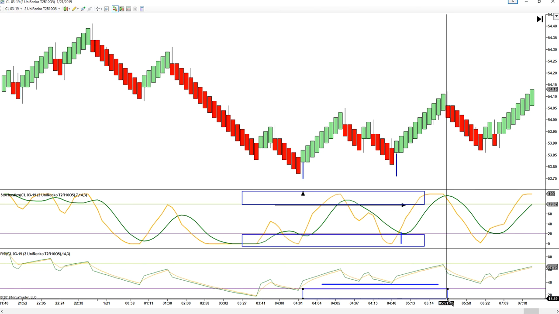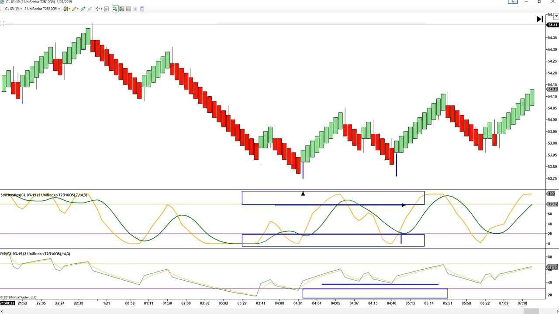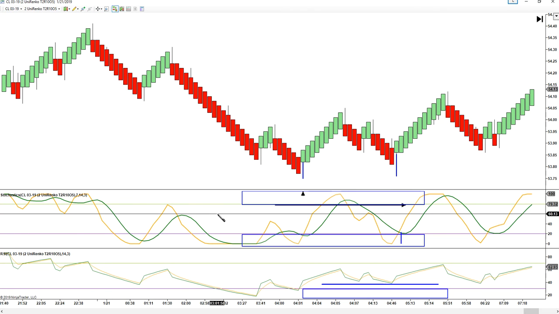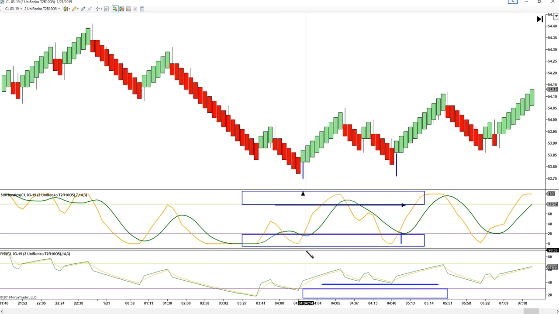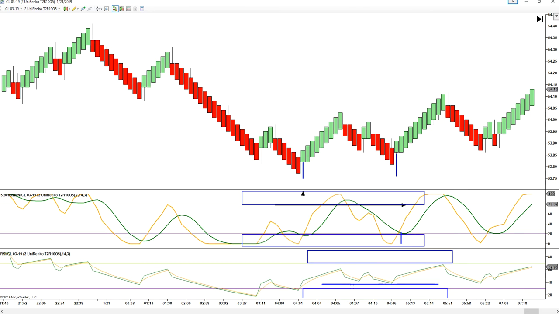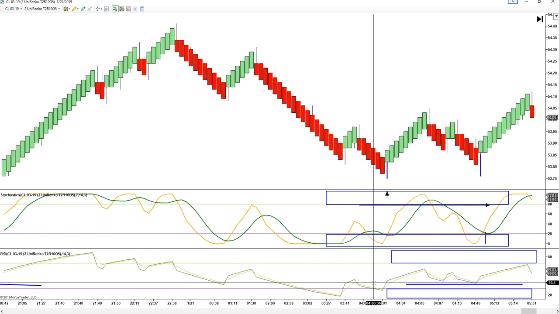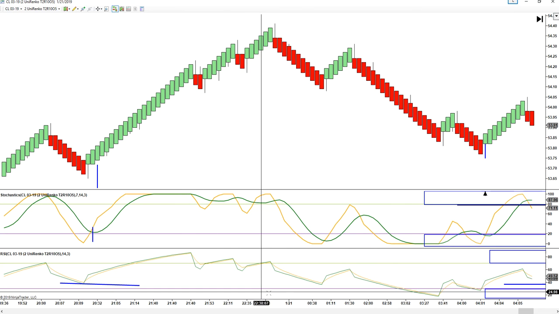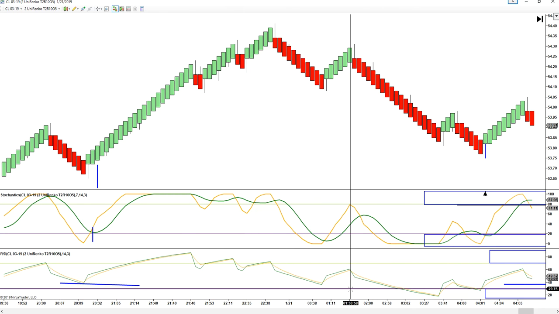Now, a lot of traders rely heavily on RSI, and I have found it to be extraordinarily unhelpful. It never gets to overbought or oversold. Now, these are standard RSI inputs.